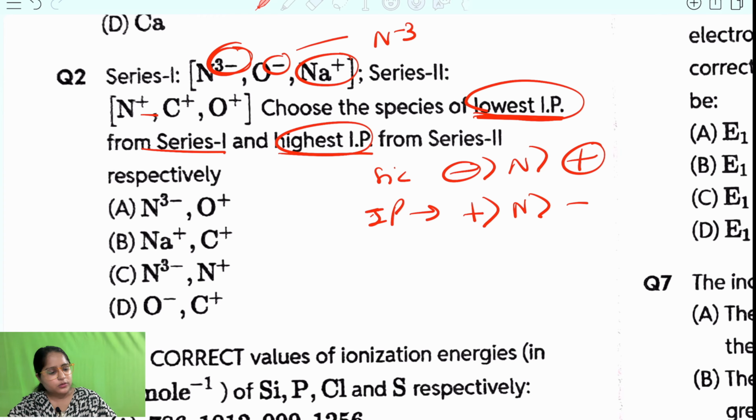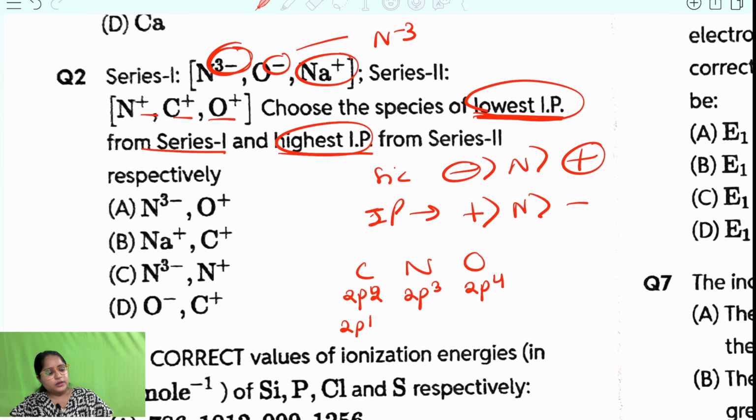Now, let us see, all are plus 1, plus 1, plus 1. So, then we need to arrange. Carbon, nitrogen, oxygen, and they are talking about plus 1, meaning one electron has been removed. Carbon's electronic configuration is 2p2, nitrogen 2p3, oxygen 2p4, but when I remove one electron, it will become 2p1, 2p2 and 2p3.